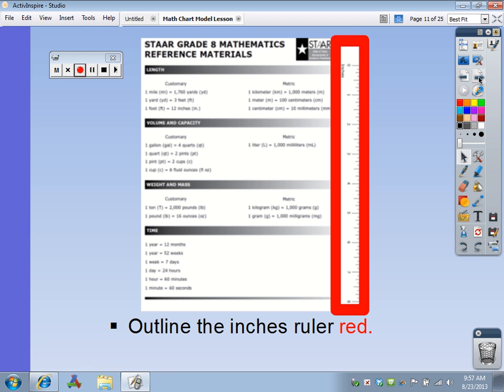Please turn your chart over and locate the inches ruler. Outline this ruler in red. Keep in mind when you are asked to measure something that you pay attention to the units and the ruler that you use.